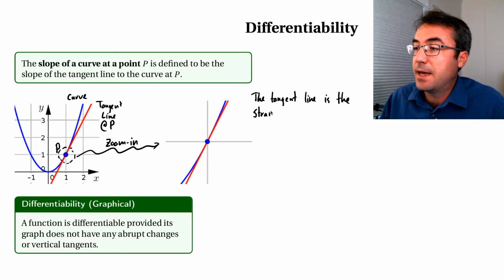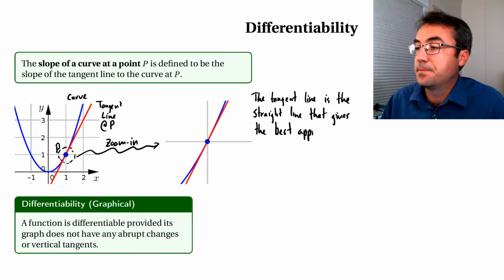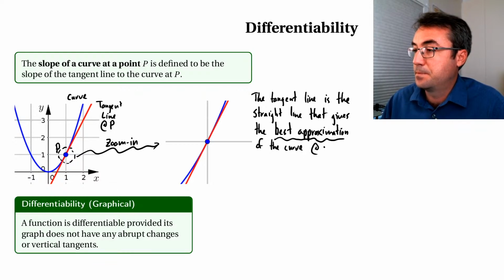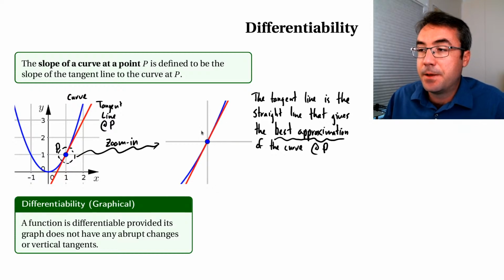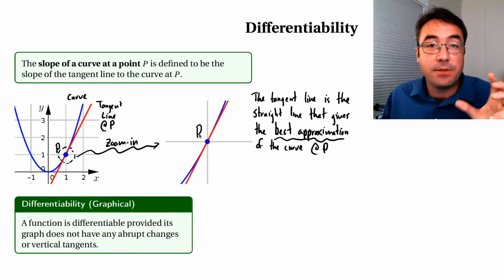So it's the straight line that gives the best approximation of our curve. You can see that by just looking at this, directly at that point P, the curve and the tangent line look very similar.